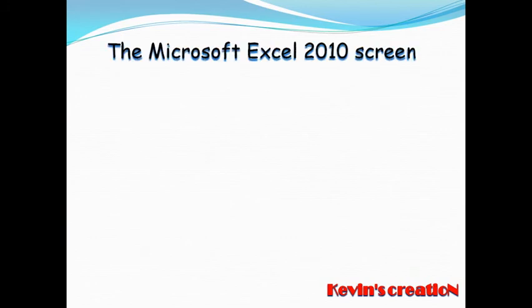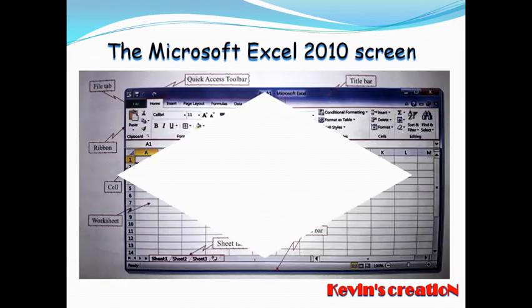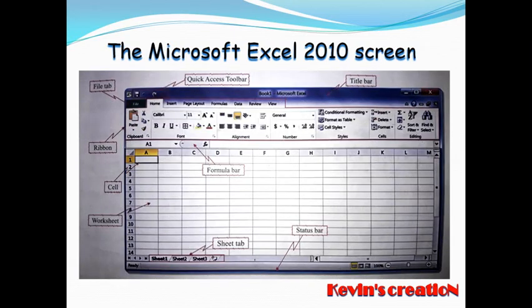The first one, Microsoft Excel 2010 screen. Here only we finished our previous class. So this is the typical screen which comes when you open Microsoft Excel. More or less this is like MS Word only, which you are very much familiar with: title bar, ribbon.